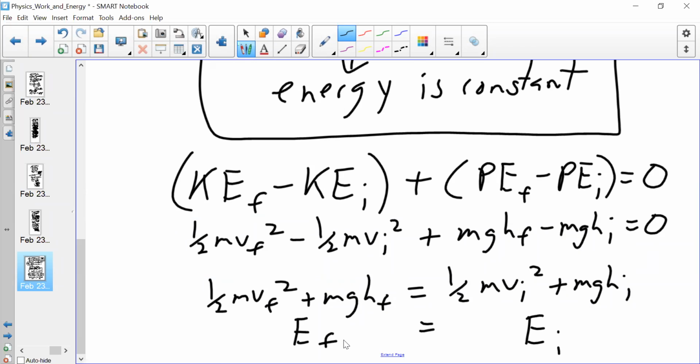Since the energy is saved, all of the energy I had at the beginning will be equal to all of the energy at the end. That's what this states.